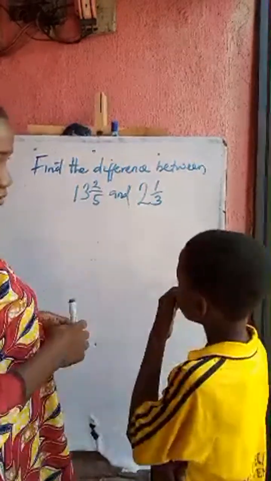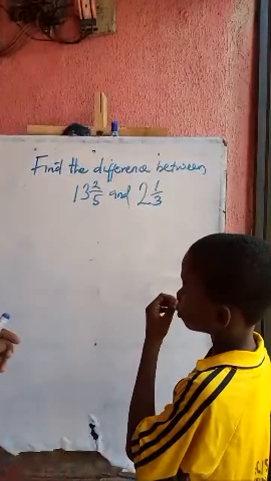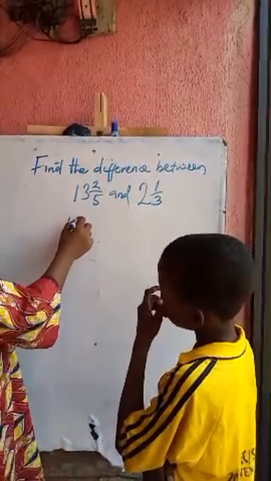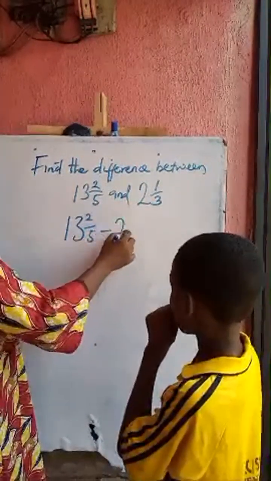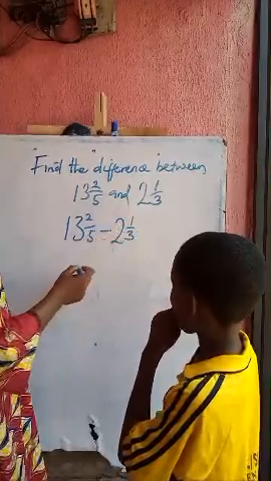So when they say difference, Gerald, what does it mean? Subtraction. So 13 whole number 2/5 minus 2 whole number 1/3.